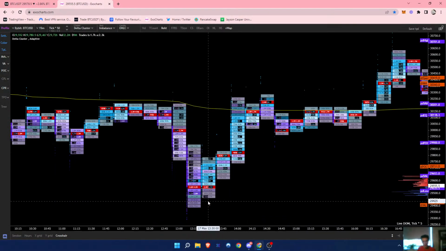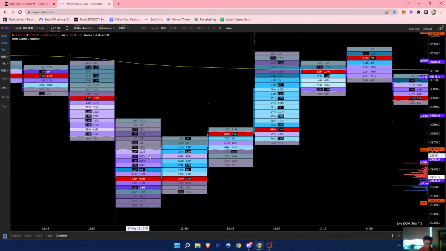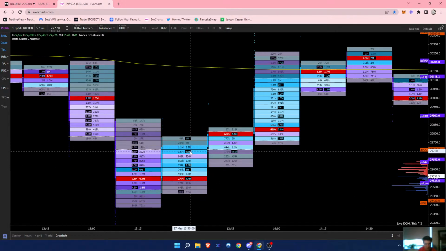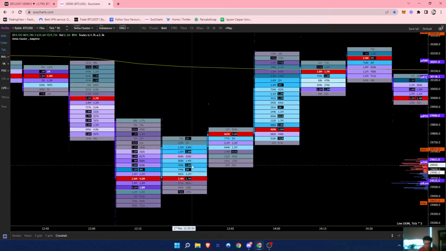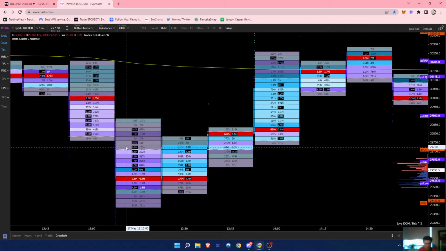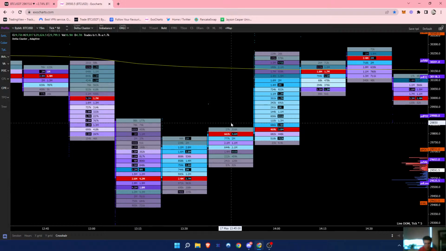So again, here is a good example of trapped shorts. Here you can see a whole bunch of stacked shorts coming in, pretty large value. And again, just wait until you see those shorts being trapped. What I mean by that is a whole bunch of stacked longs coming in, closing those shorts underwater.